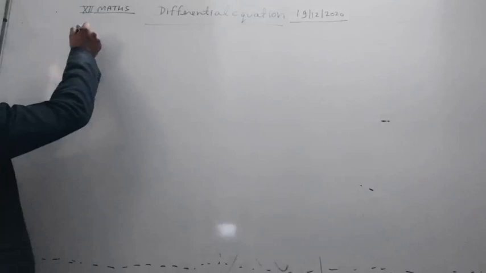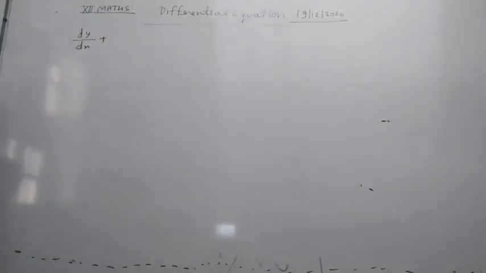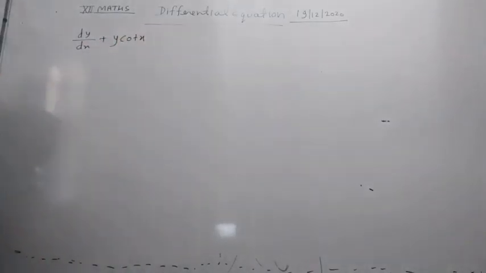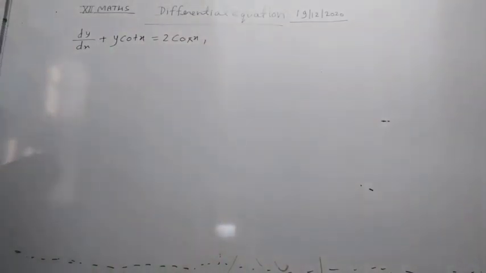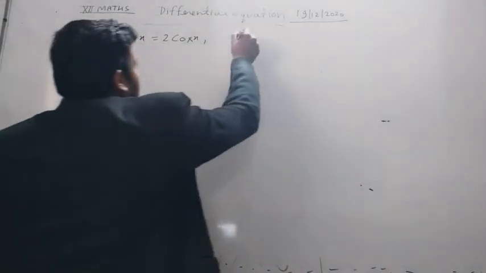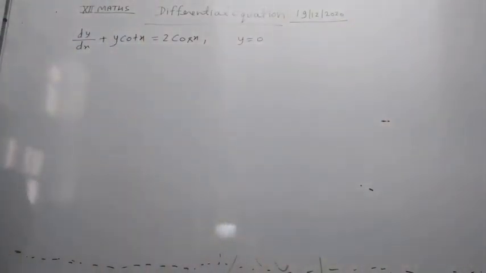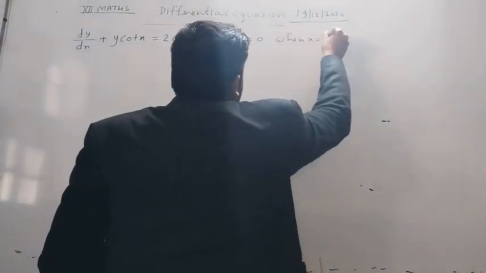Okay, let's see. The first question is: solve the differential equation dy by dx plus y cot x is equal to 2 cos x, and it is given that y is equal to 0 when x is equal to pi by 2.